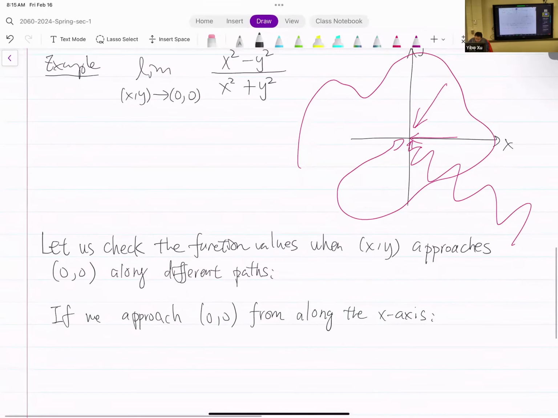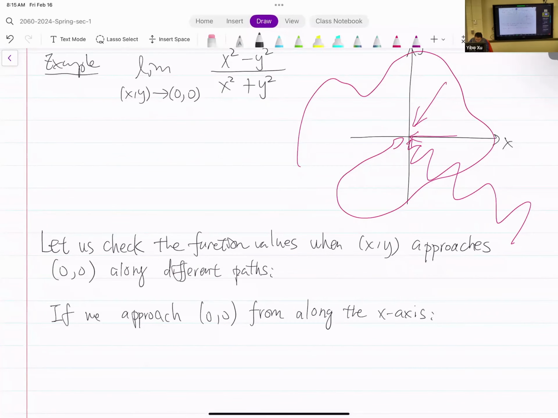So I'm going to keep that function still right there. Along the x-axis, what does it do? So you have the y value to be 0, but then x could be free, but it just approaches 0 also, right?